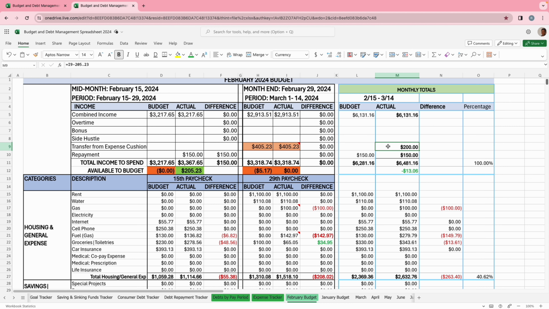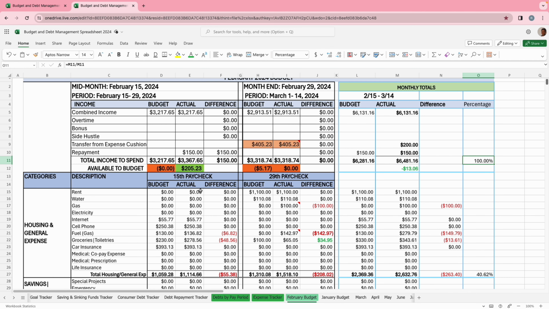I'm counting the amount that I transferred from my expense cushion because that amount is coming from my January paycheck, so it has nothing to do with February, and I want to keep everything separate. That's how I come up with the $6,481.16, which is 100% of my income.